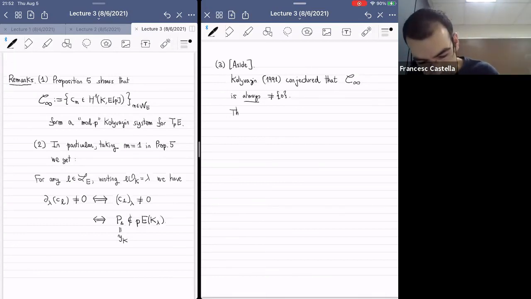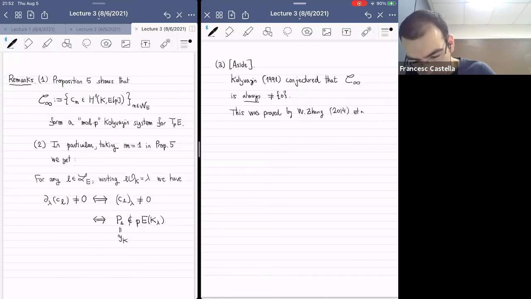So this was proved. And other works cover other cases under mild hypothesis on the p-torsion, and in fact p at least 5 and good ordinary.